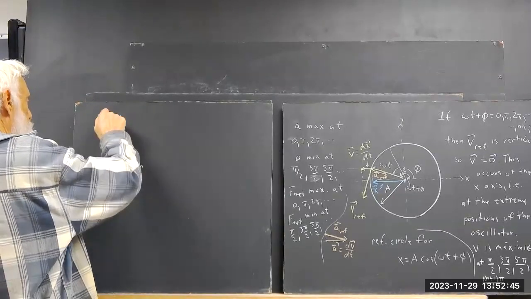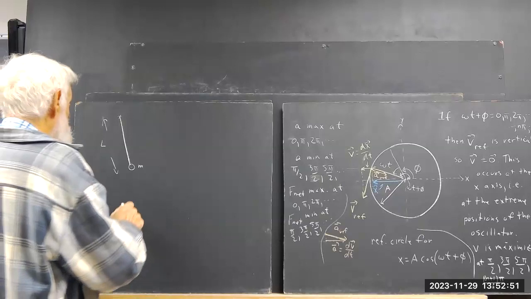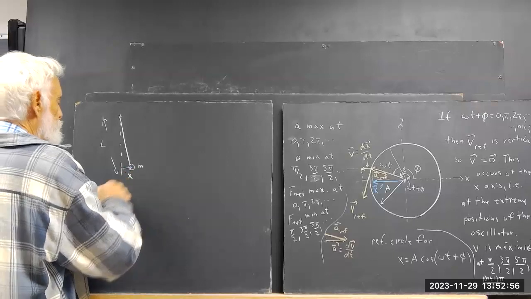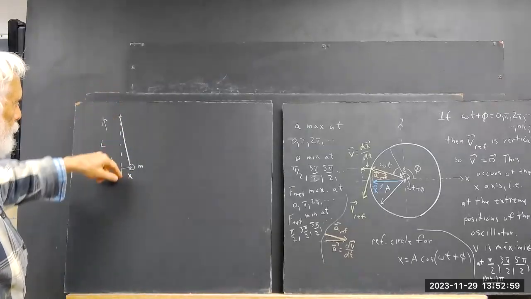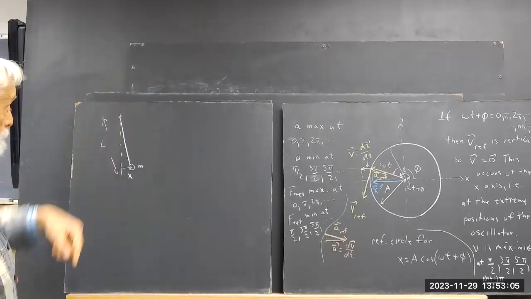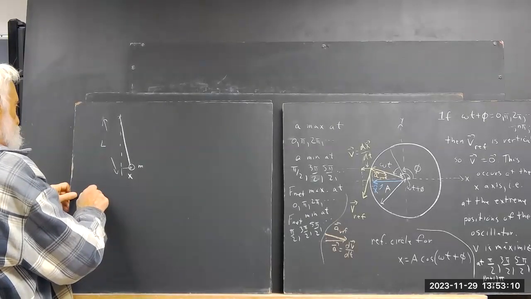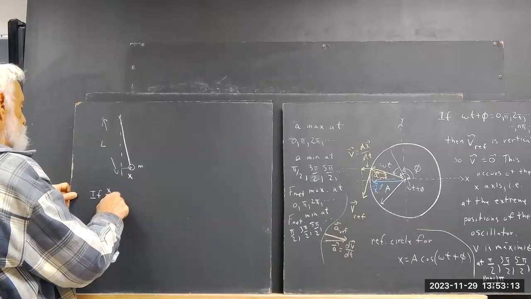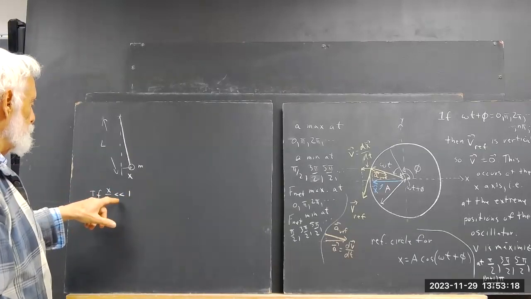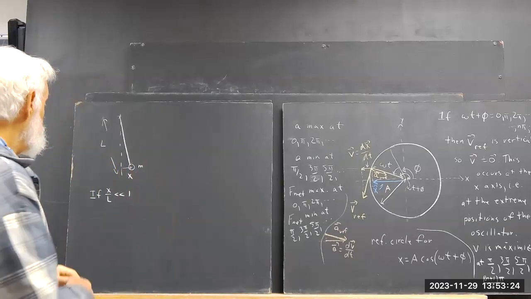It's got a length L. And X is its displacement from the equilibrium position, which is vertically below its point of attachment. If X over L is much less than 1, meaning X is much less than L, that's a small oscillation.